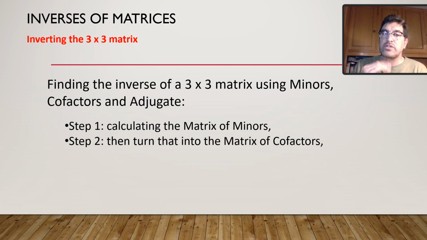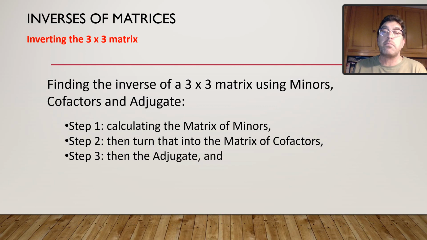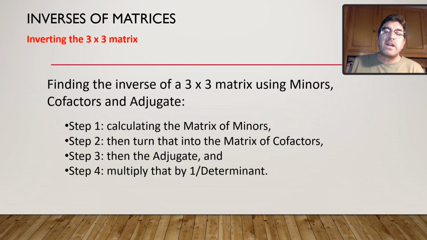Then you start with a minus, alternate. Start with a plus in the third row and alternate, and multiply and change the signs. Then you get the adjugate, and finally you find the determinant. Actually, you start with finding the determinant, because if the determinant is naught, you're wasting your time. So that should actually be the very first thing that you do, finding the determinant to see, am I going to waste my time?